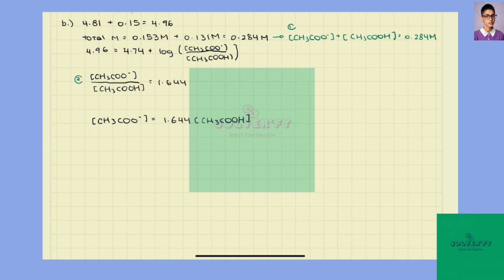And then we can plug this equation back into our equation 1 to try to solve for our conjugate base.